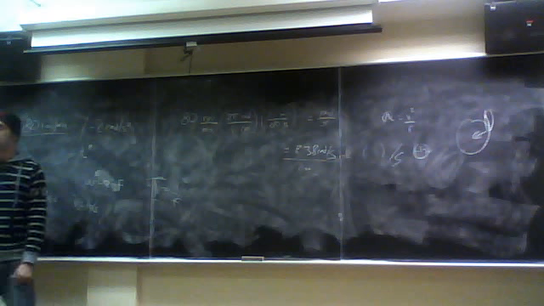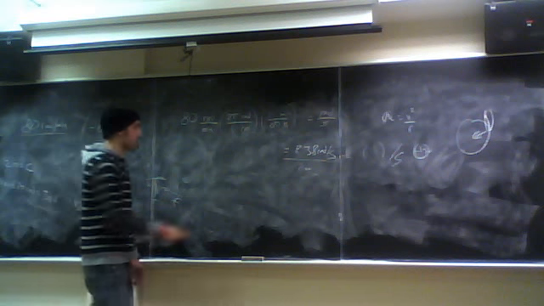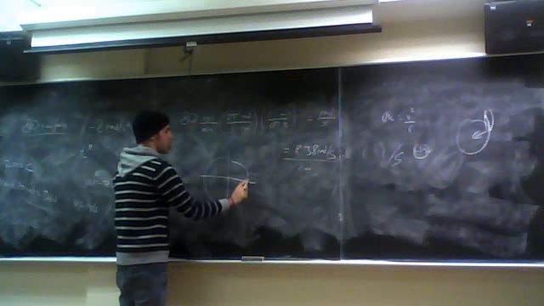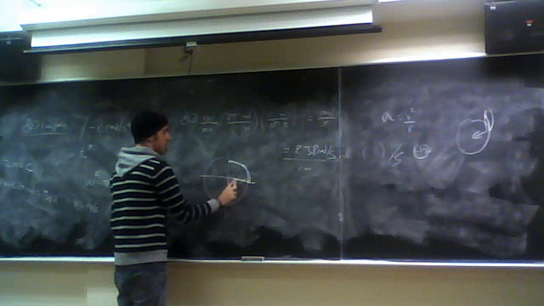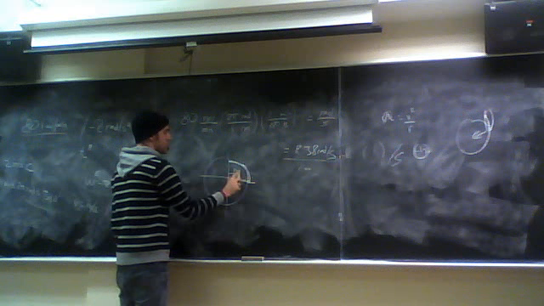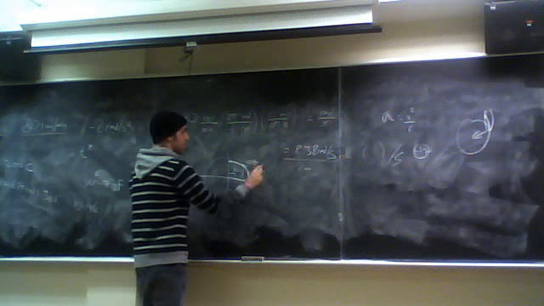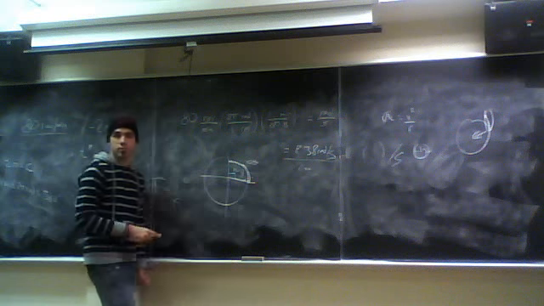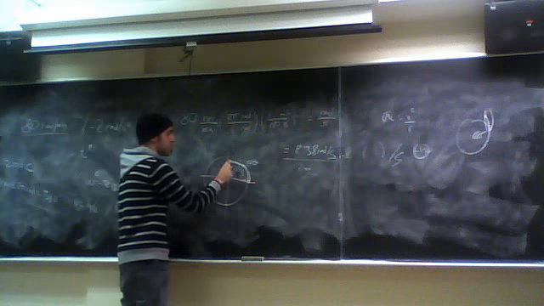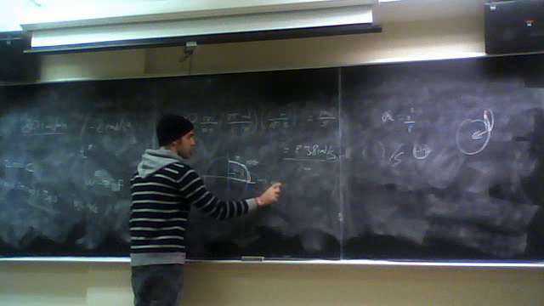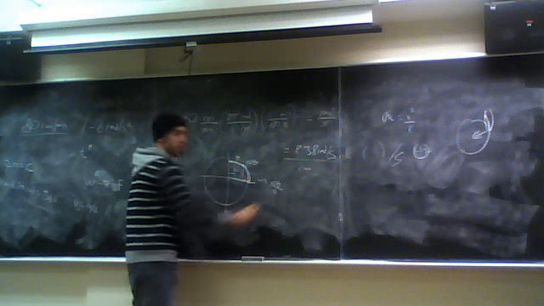In case you don't remember, I'll explain it again. If I move from here to here, I cover an angle of 90 degrees, which is equal to pi over 2. That would be my delta theta. If I do that in a certain amount of time t, my angular velocity becomes my change in position, delta theta, over my time.